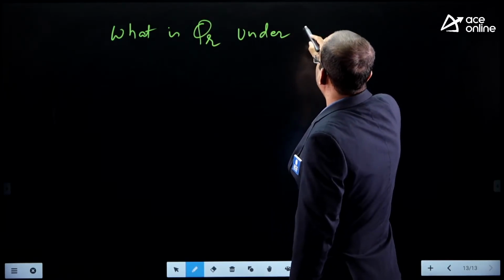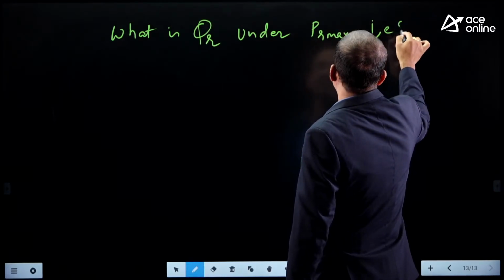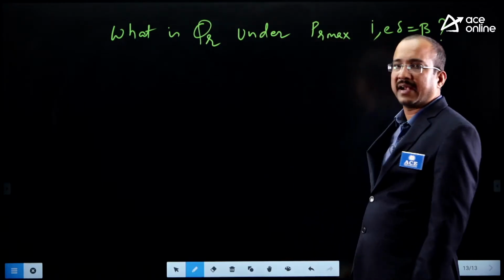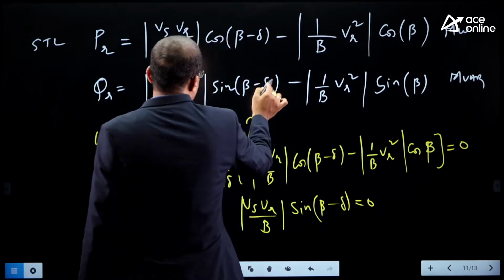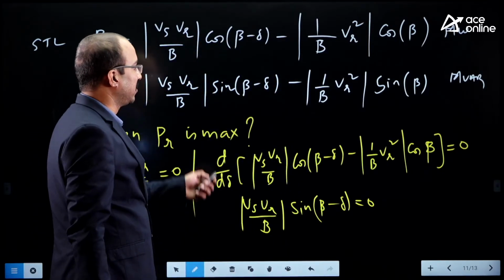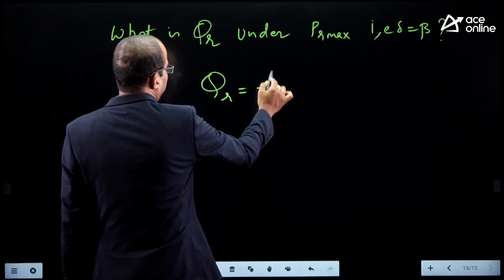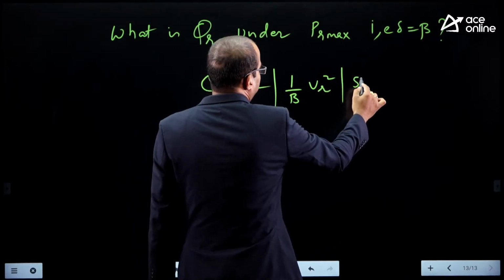Now, what is QR under PR maximum, maximum real power transfer condition, that is when delta equal to beta? Whenever you substitute delta equal to beta, sin 0 is 0. So the term of reactive power is minus of 1 by B Vr square sin beta.